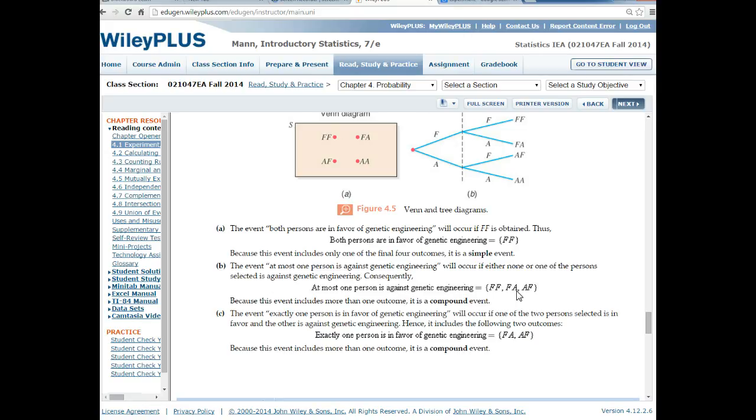So you see how you can translate the verbal statement into a set, right? At most one, the verbal statement, gets translated into this set, right?